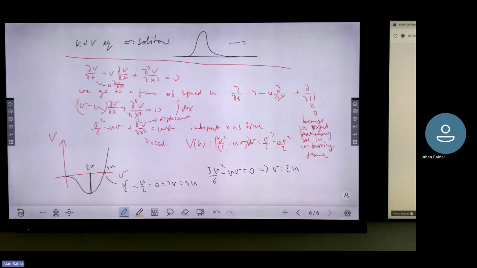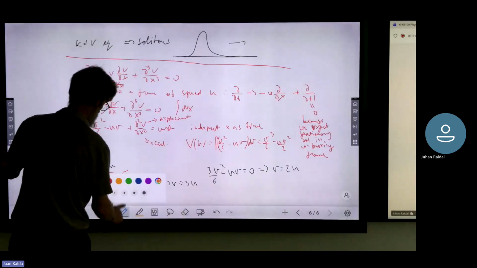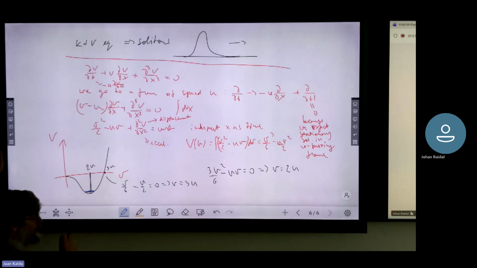And now what I can conclude from this is that this is like an oscillator, also a nonlinear oscillator. It is clear that if we take our particle here at the bottom, it will oscillate back and forth.